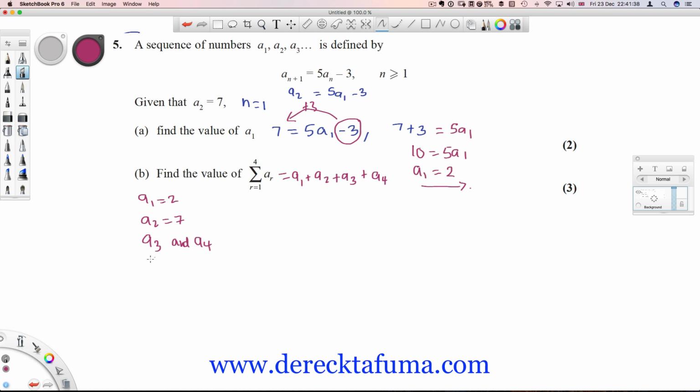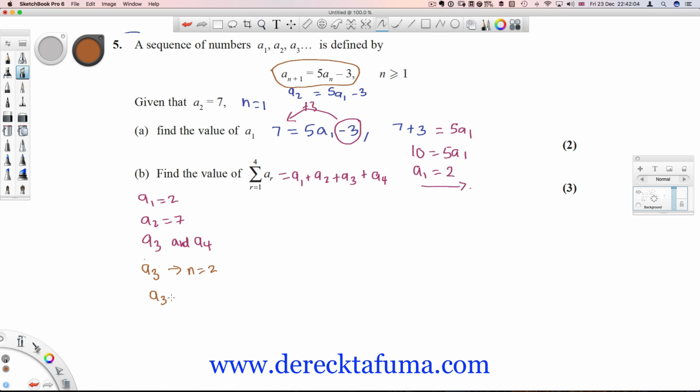Okay, so we'll try to find a3 and a4. So let's start off with a3. From that equation, to get a3 we make n equals 2. That will give us a3.